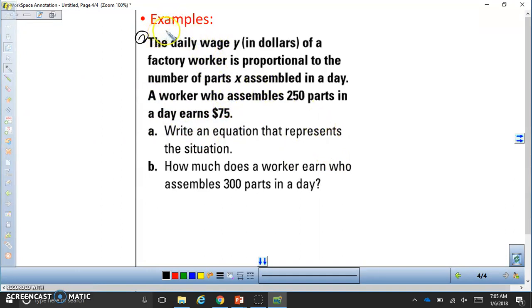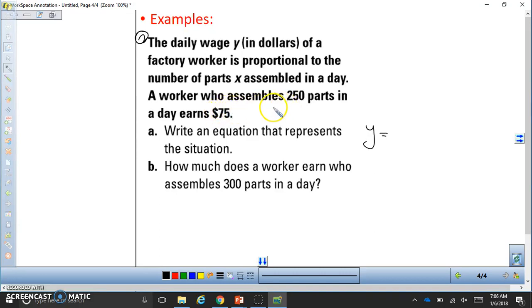Okay. The daily wage Y is proportional to the number of hours. Good. A worker who assembles 250 parts in a day earns $75.